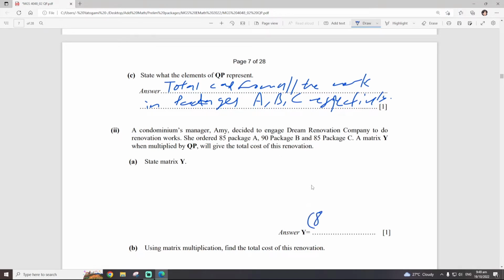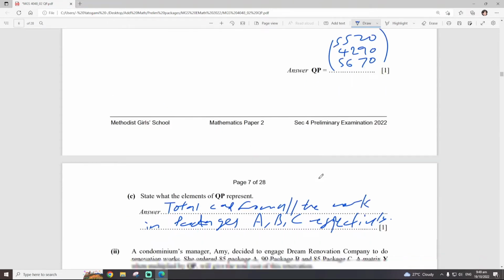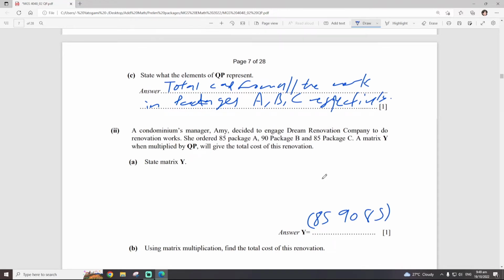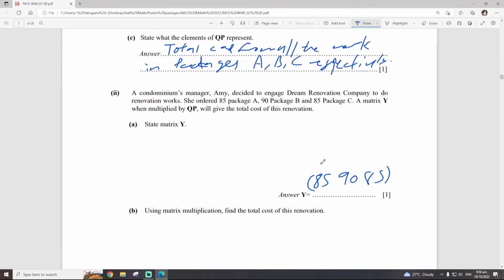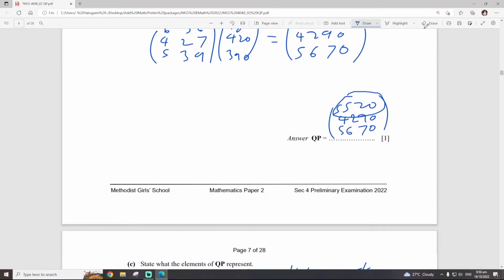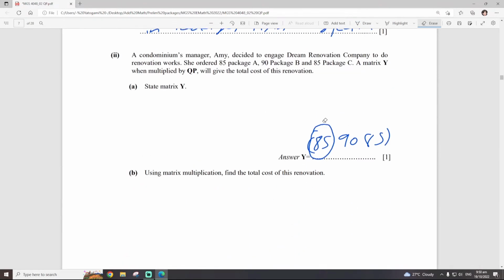So it will just be 85, 90, and 85, because when I multiply this together, I'll take the renovation cost for one package A and multiply it by the total number of package A I'm ordering, and the same will go for the other two numbers.